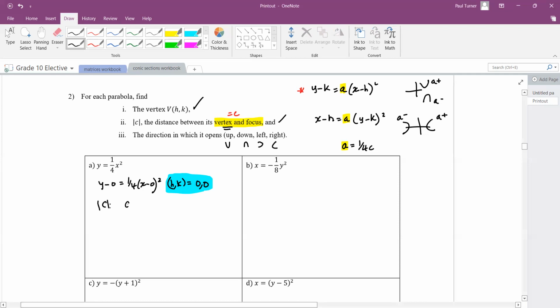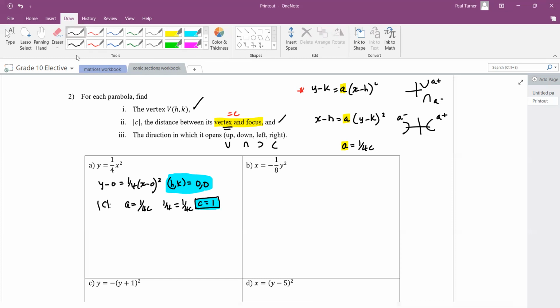So the formula is a is 1 on 4c. In this case, we can see that a is equal to a quarter. So a quarter equals 1 on 4c. So this implies that c is equal to 1. So that's the distance between the vertex and focus. We'll highlight that as well.